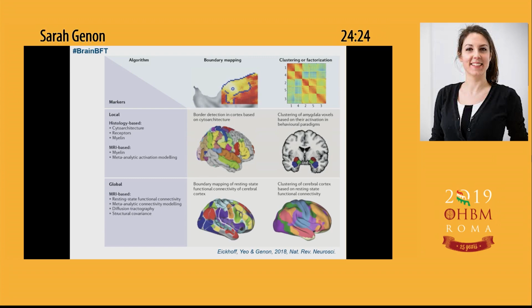These local approaches, local modalities, can be contrasted to global approaches which look at connectivity information. So the global approach is basically the connectivity-based parcellation approach.